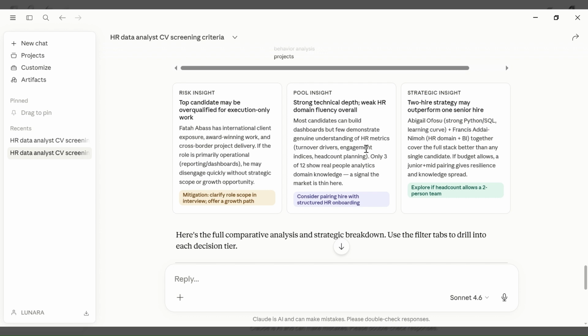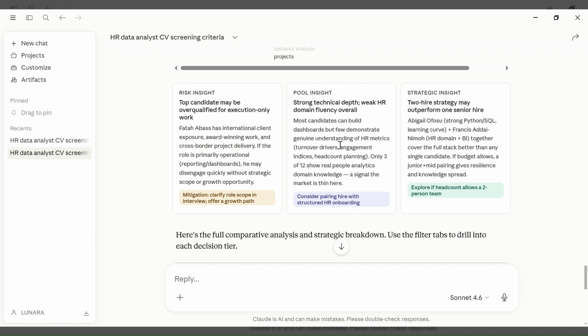So Claude can help you in comparing these candidates to identify their level of understanding with regards to the role. Here you could see that it stated clearly that most candidates can build dashboards, but few demonstrate genuine understanding of HR metrics. And that's something that as a recruiter, you can have in mind.